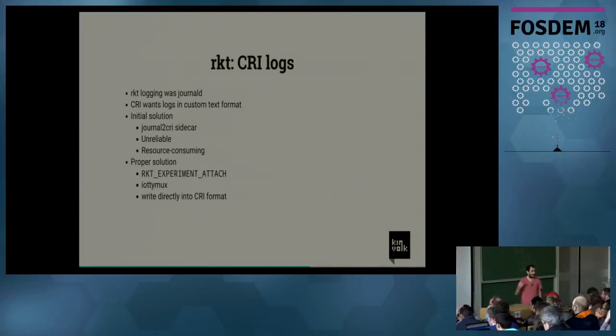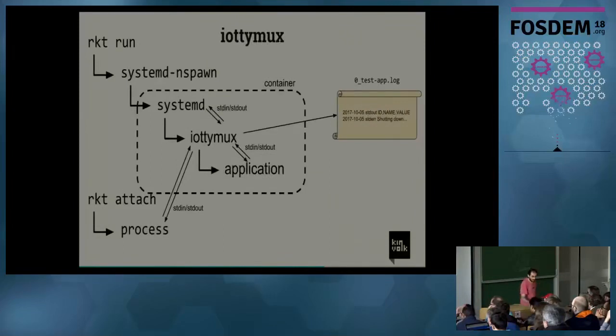The proper solution was the attach experiment, and it basically creates a component called iottymux that sits in the middle between the outside of the container and the application, and intercepts all the standard output, error and input of the application, and it can write the output and the error to the file directly without any translation. This is the diagram of how it works.